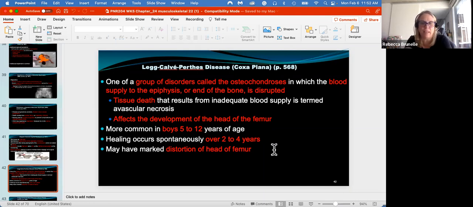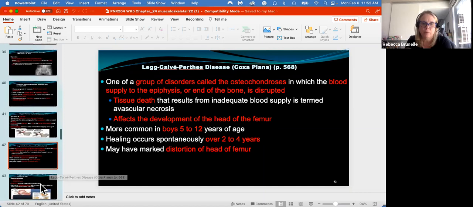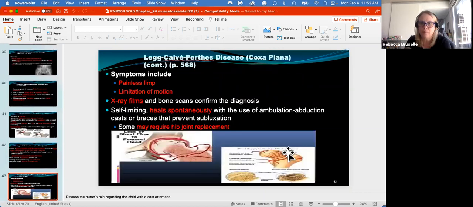But it can lead to long-term problems because it can cause necrosis of the femur head. And they're going to limp. They might have limited range of motion. Like I said, it usually heals spontaneously, but they might have problems over time. So in rare cases, they might end up with necrosis of the femur head, and they might end up needing a hip replacement surgery later in life.